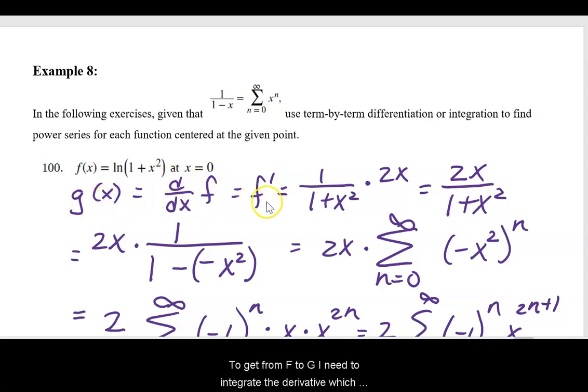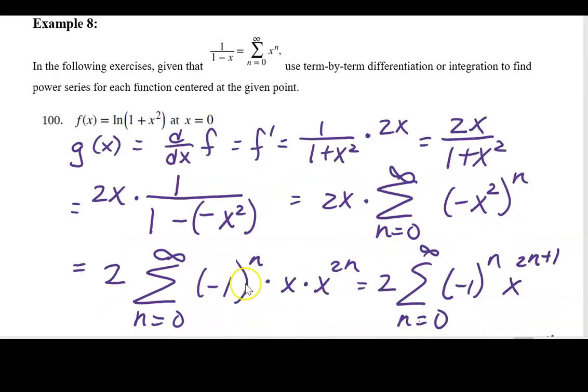So what is the relationship then between f and g? To get from f to g, I need to differentiate, which means that f is the integral of g. In order to do that, I'm going to rewrite the expression I have for g by pulling the x to the inside and increasing the power on the x. That means I have to separate the negative from the x to the 2n power.